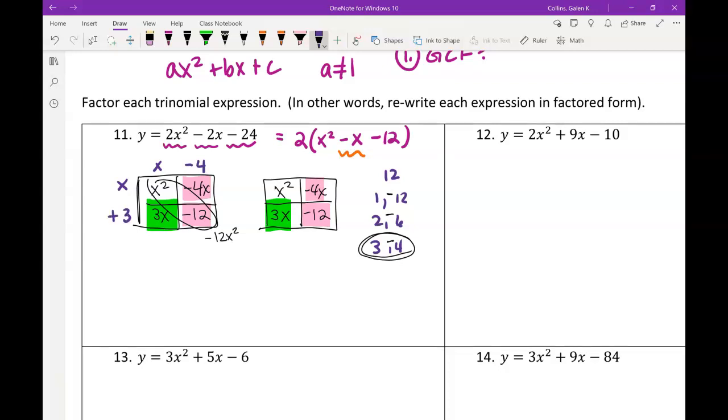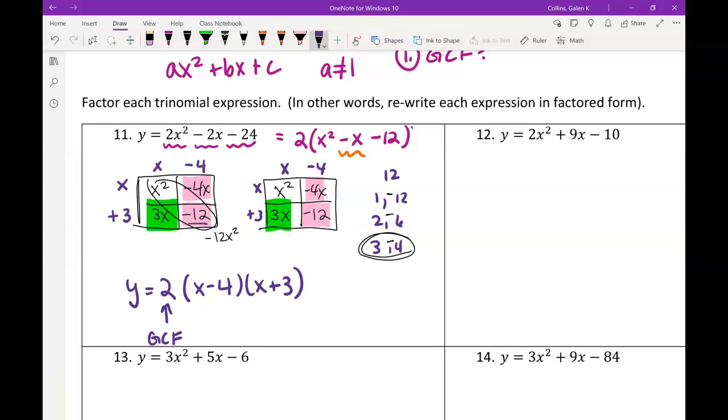And if I double check, negative 4 times positive 3 is negative 12. So we should get the same for both of our rectangles. So in factored form, it's like I have two rectangles and their dimensions are x minus 4 times x plus 3. All right, so when we can pull out a GCF, our GCF is right here.